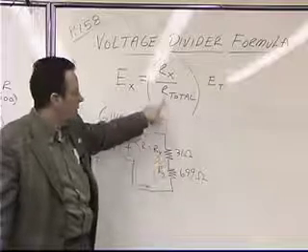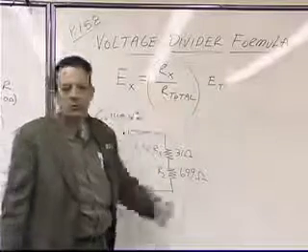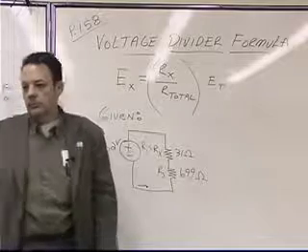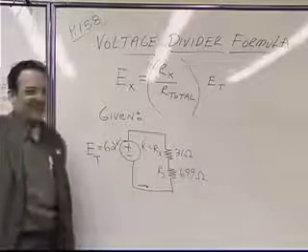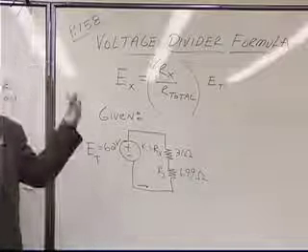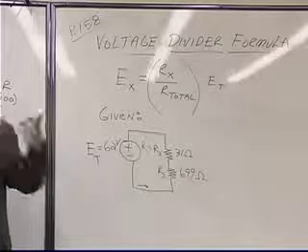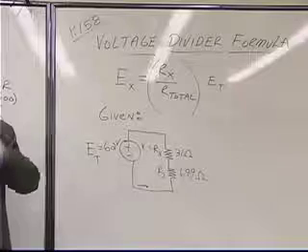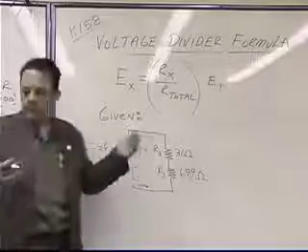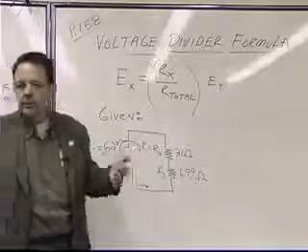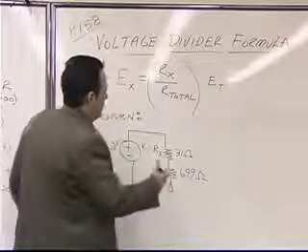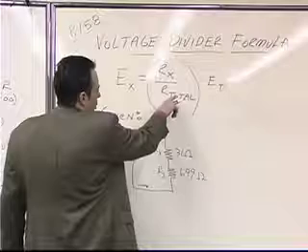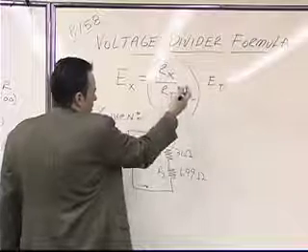Okay? What about R total? This is where the rocket science comes in. Yeah, it would be the series combination of the two resistors. It would be like counting money, right? It would be the series sum of the two resistors, okay? So R total would be R1 plus R2.